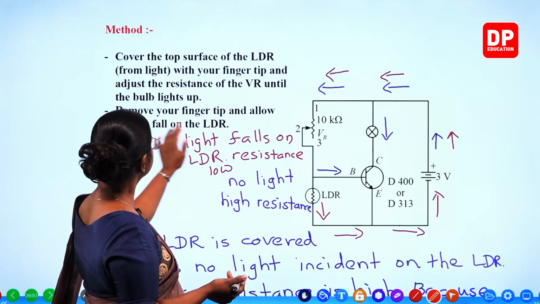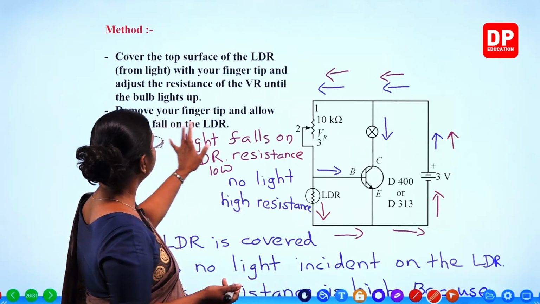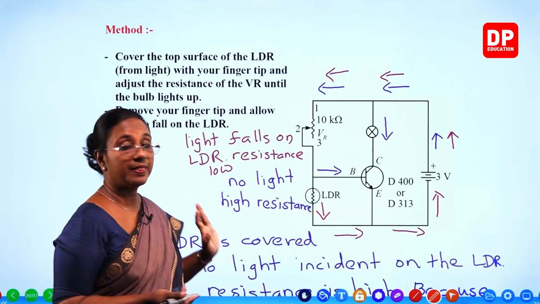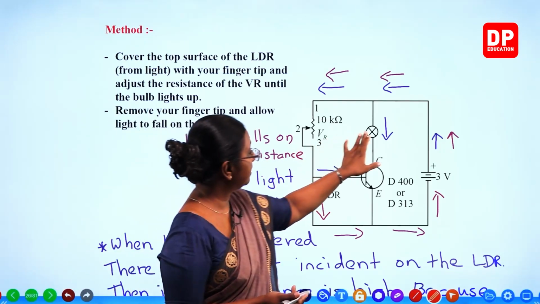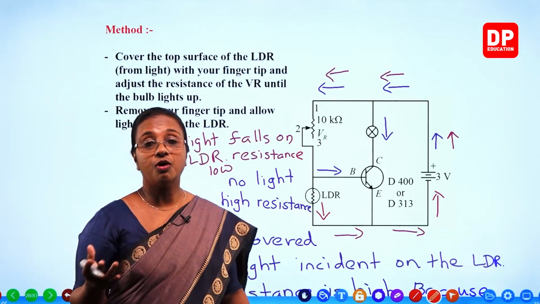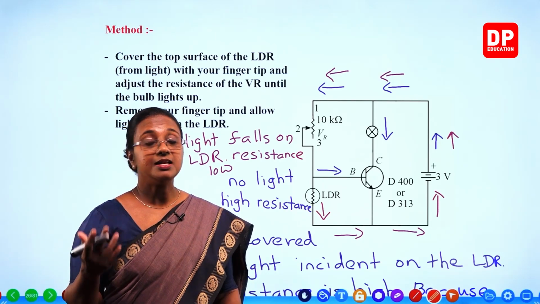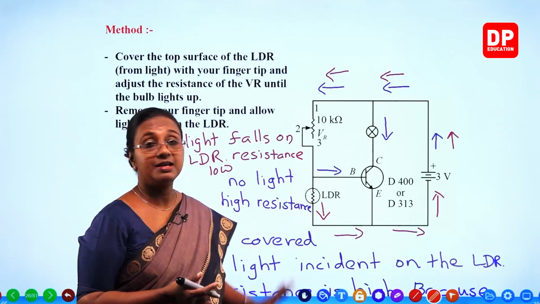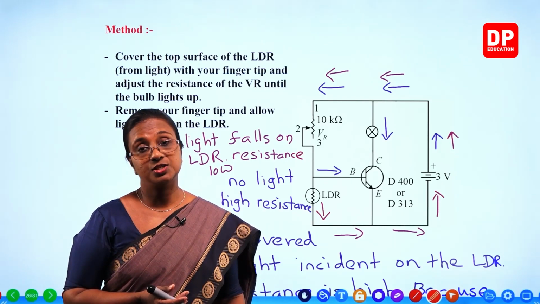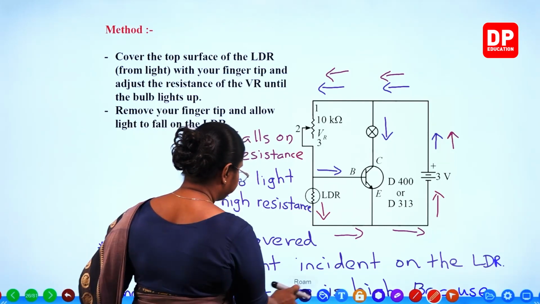That is what the second step says. Remove your fingertip and allow light to fall on the LDR. Then you will see this light will go off. Bulb will not light. That is because the transistor acts as an open switch. You have to remember that.